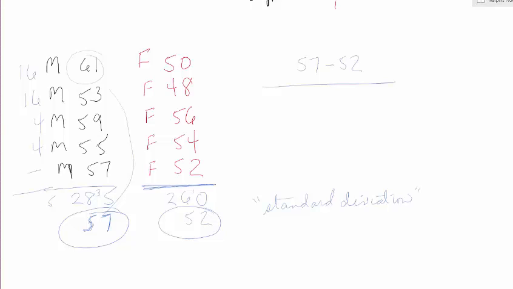So now we have the squares here, right? The square differences. And now down here we would total these up. We would total these up and get 40.